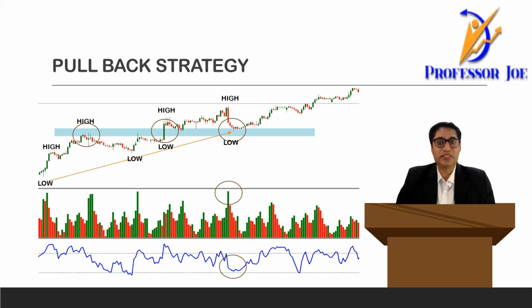But there are around 7 to 8 important things that you should consider before entering into a trade. So what we will do is we will understand what are the important things to consider while entering into a pullback trade, and again come back to this drawing to understand whether all the aspects are covered or not.